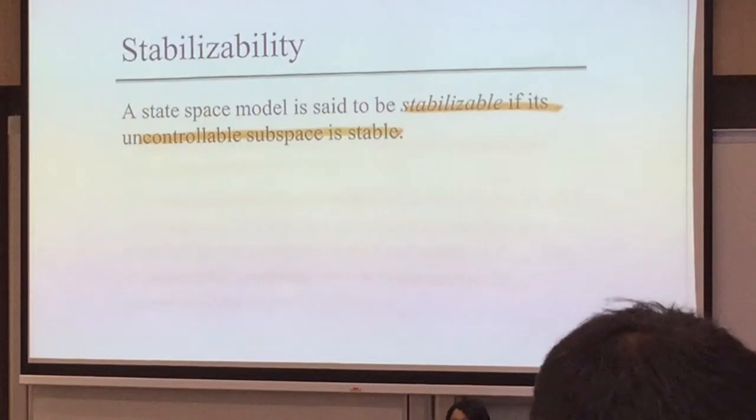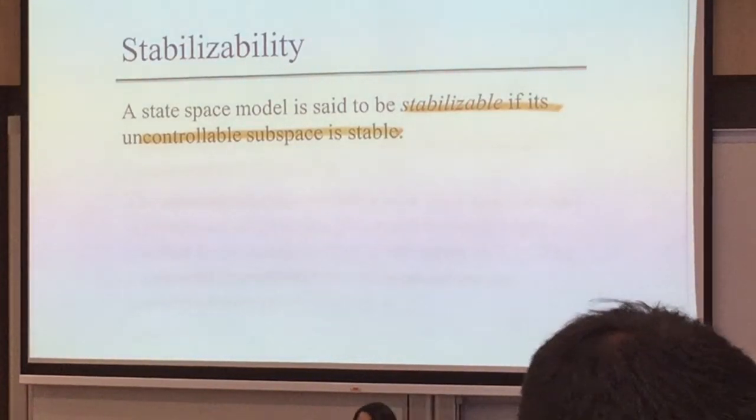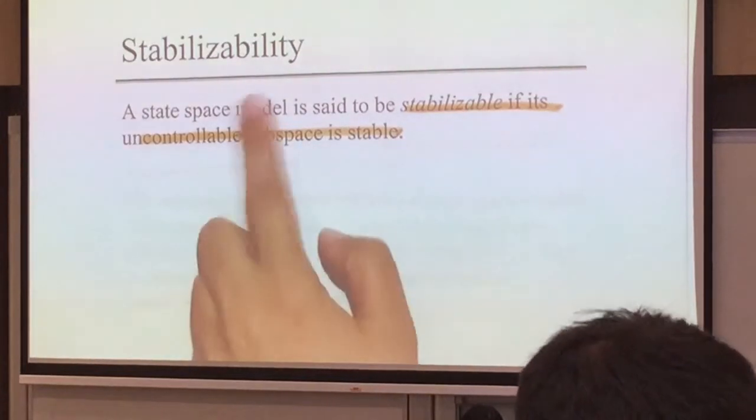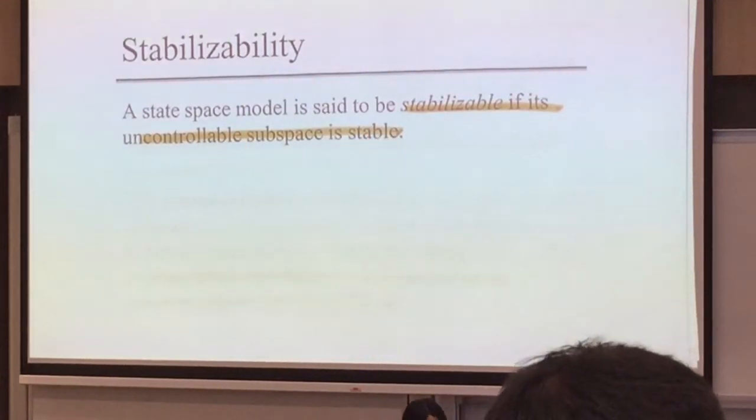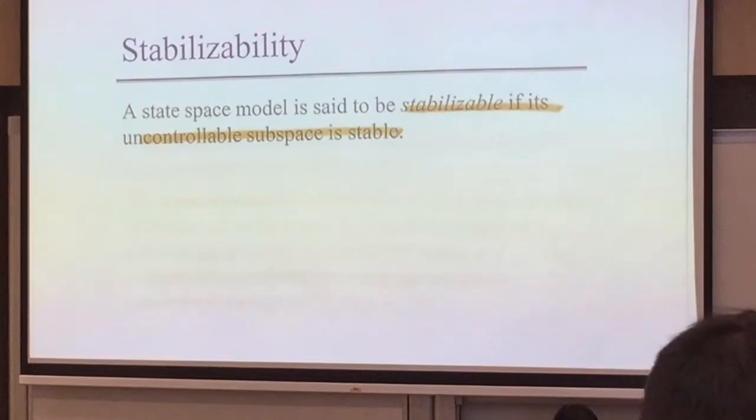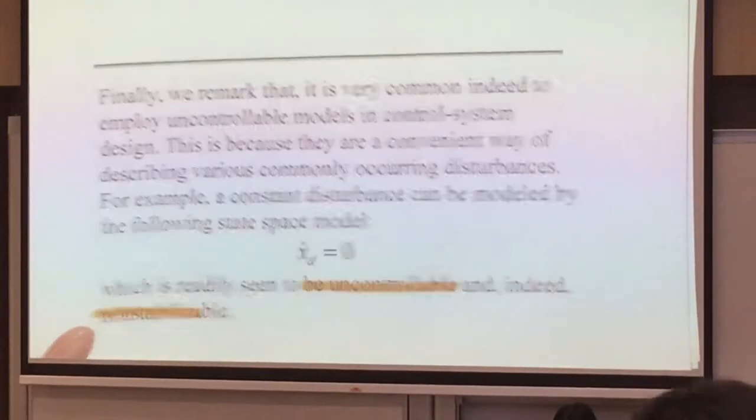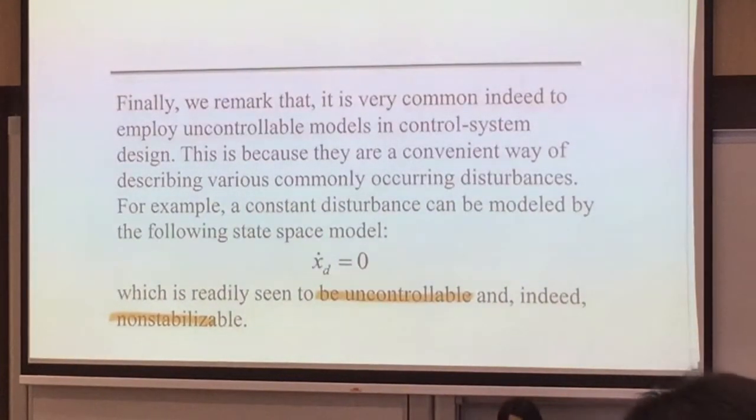In the past year exam question, there was: what's the definition of controllability and what's the definition of stabilizability? The answer for the definition of stabilizability is this: it's stabilizable if the uncontrollable states are stable.